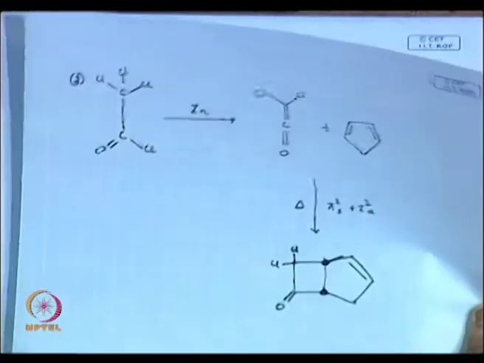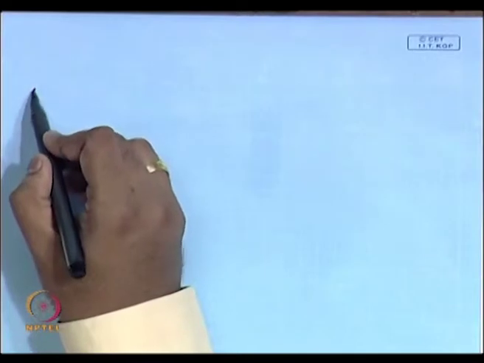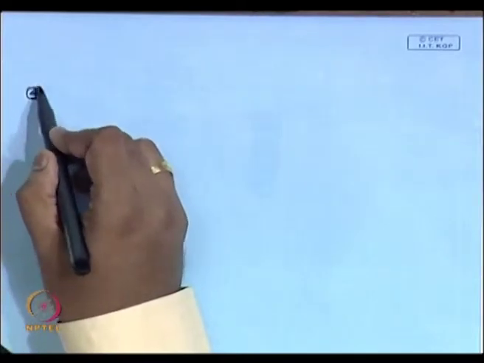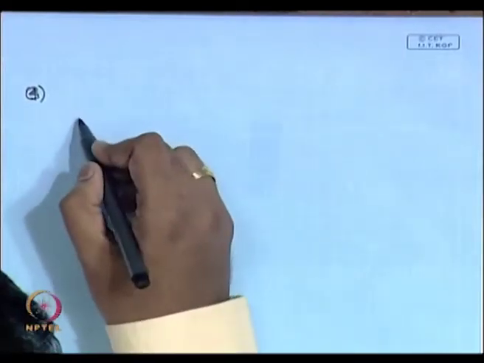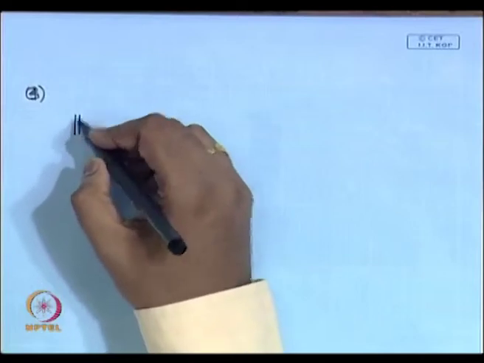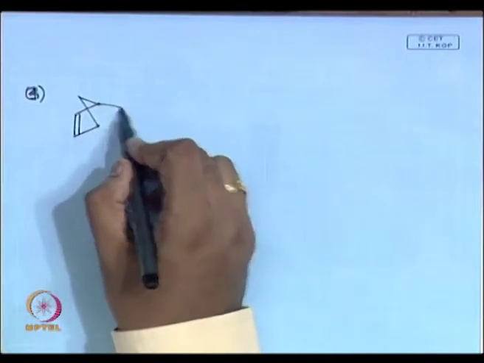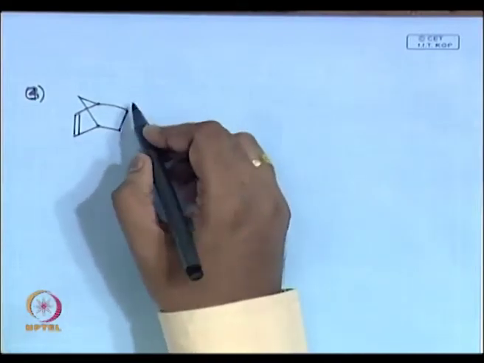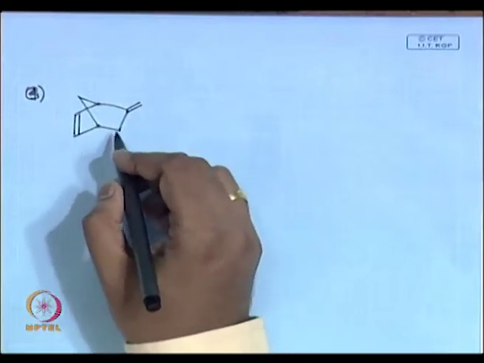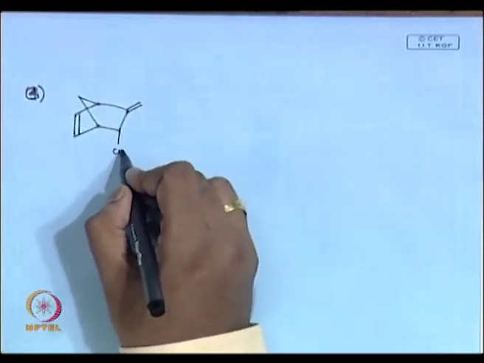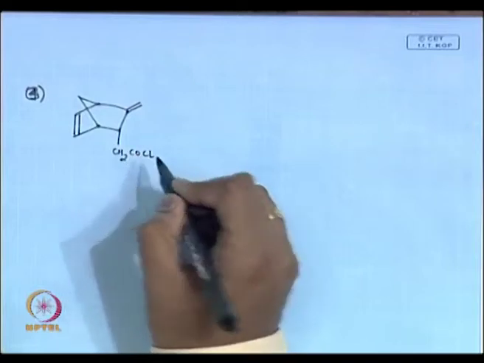Another example we will see is how we can write it for an alkene, because it is very nice that by generating ketene and adding it to your alkene systems, you get very good cyclo ketones. The only idea is that you should remember that you are generating ketene.